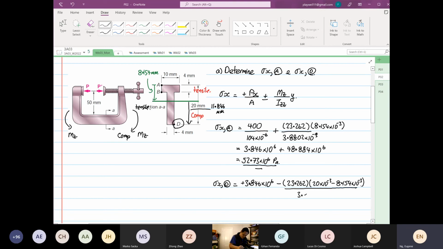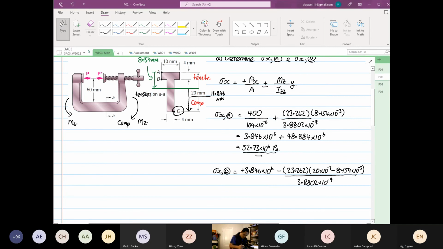And then divide by 3.8802 times 10 to the power minus 9. So this will be equal to 3.846 times 10 to the power 6 minus 11.846 times 10 to the power minus 3 times 23.262 divided by 3.8802 times 10 to the power minus 9, which is 31.017 times 10 to the power 6.